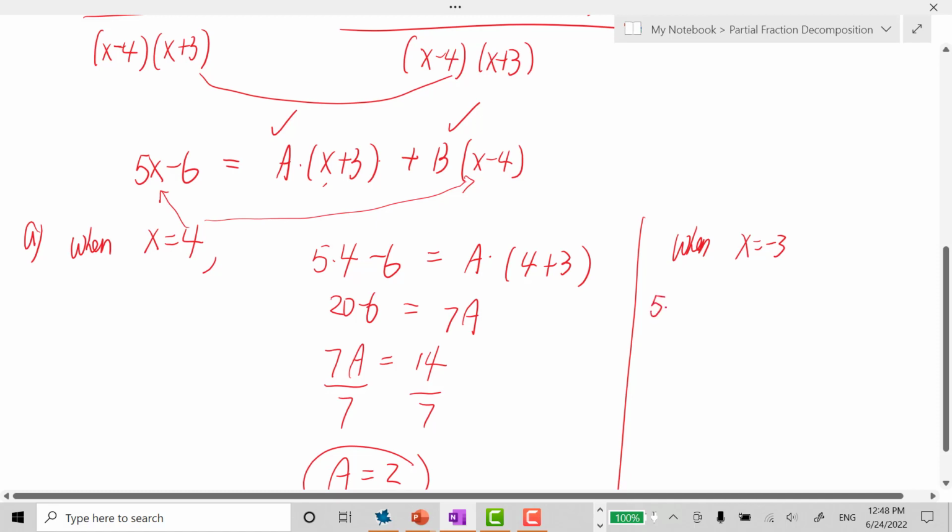We get 5 times -3 minus 6, and this term right here becomes 0 because -3 plus 3 is 0. 0 times a is 0. On the other side, the variable b is left, so -3 minus 4. Now simplify, we will end up with -15 minus 6.